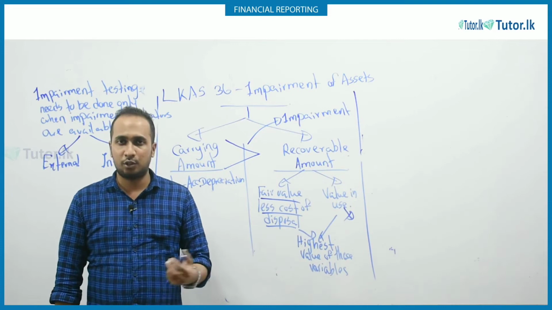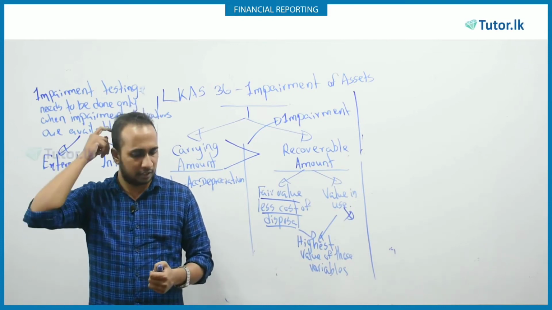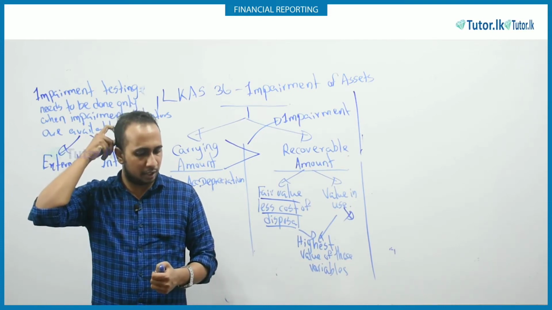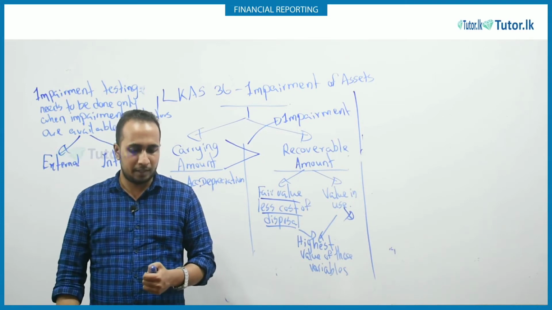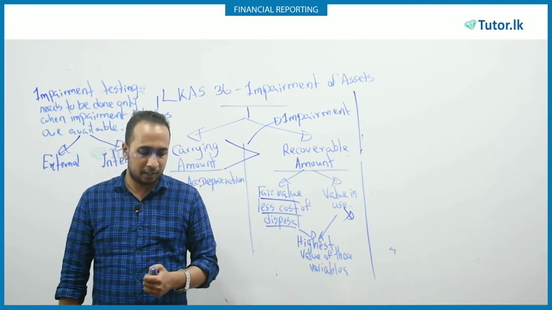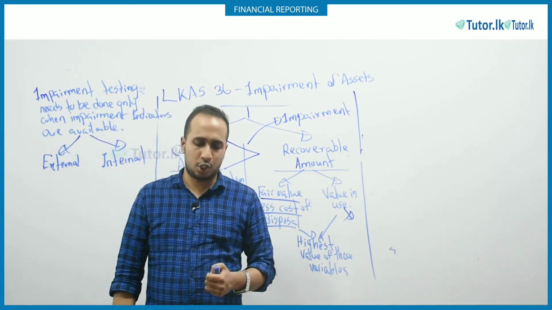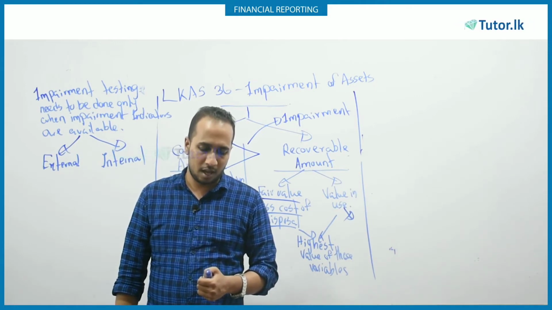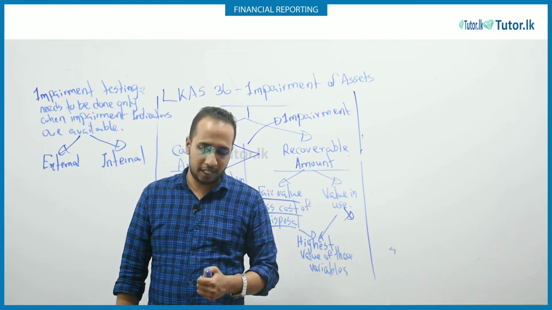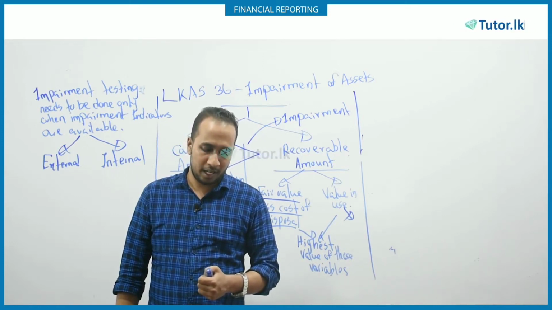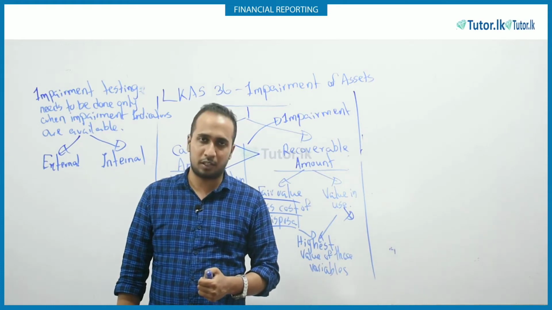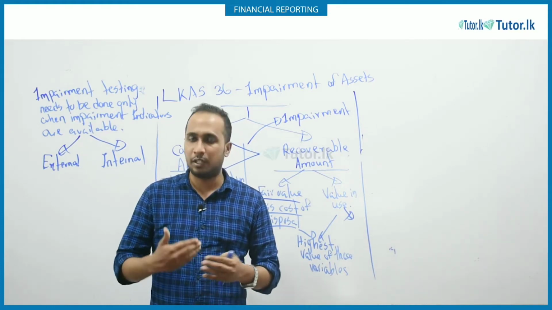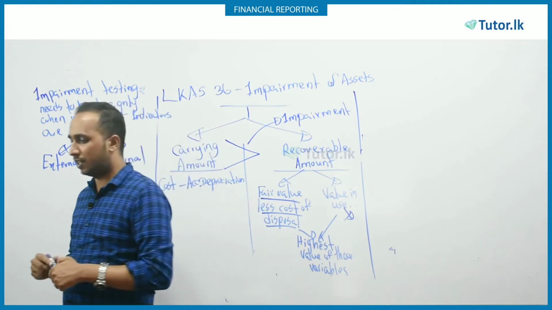When it comes to internal sources, the study text tells us evidence is available of obsolescence or physical damage of an asset. The second one tells of significant changes with an adverse effect on the entity, during the period or expected in the near future, in the extent to which or manner in which the asset is used or expected to be used. You can refer to these internal and external sources.